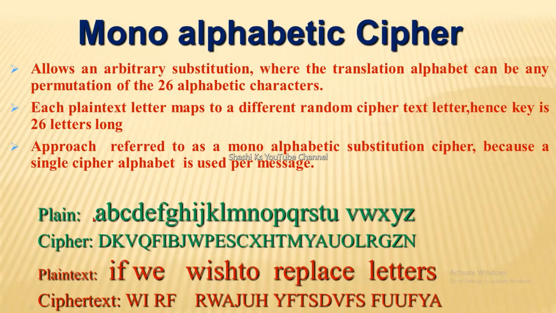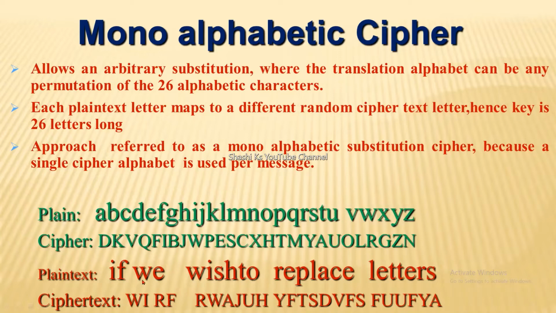For example, if your plain text alphabet is like this, A, B, C, D, E, F, G, H, I, J up to Z, then A is mapped to D, B is mapped to K, C is mapped to V. So each plain text letter is associated with a random ciphertext letter. So if your plain text is like this, here you can see that I is mapped to W, F is mapped to I, W is mapped to R, and so on.